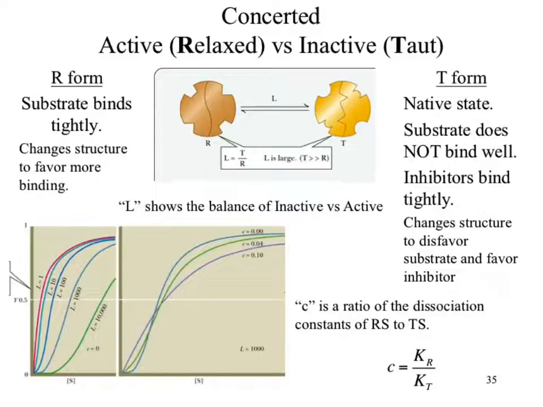So what happens with our curve? It slows down and we have more of a sigmoidal curve. As we start to play with that C value and change that ratio, notice that we start to become more and more hyperbolic. Okay? So the smaller your C value, the more sigmoidal, the more of a cooperative effect you can build.